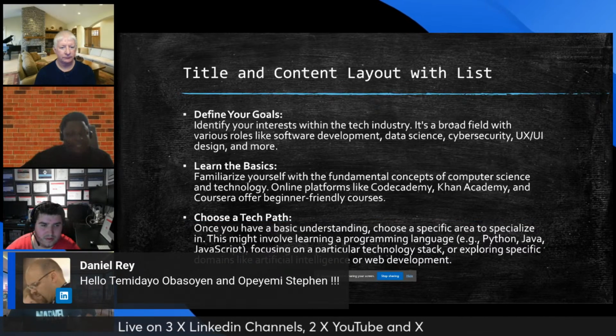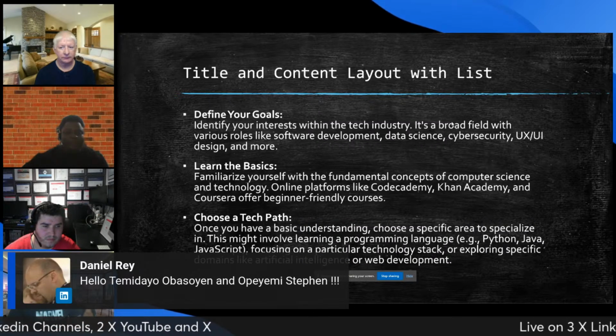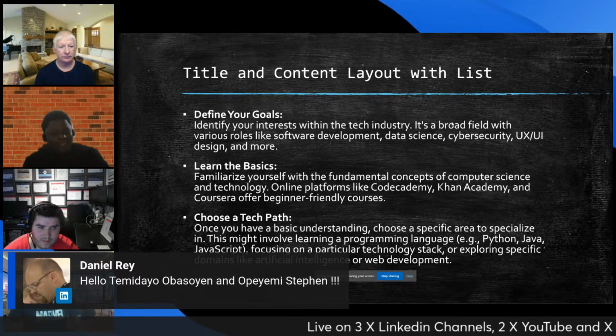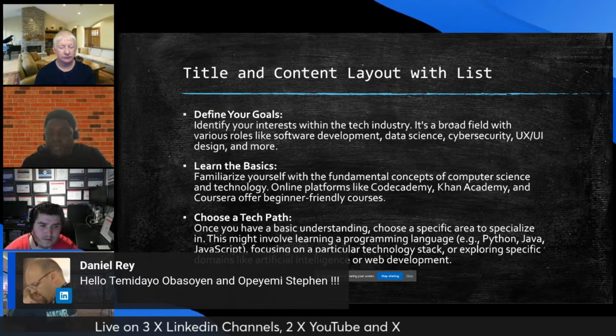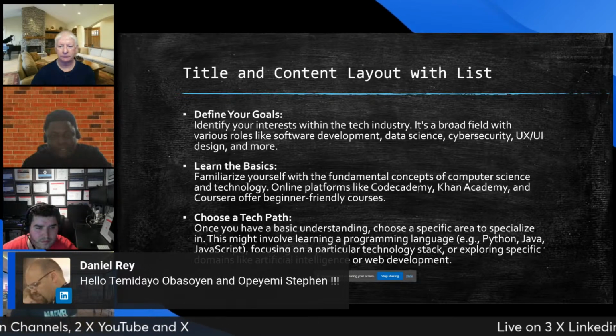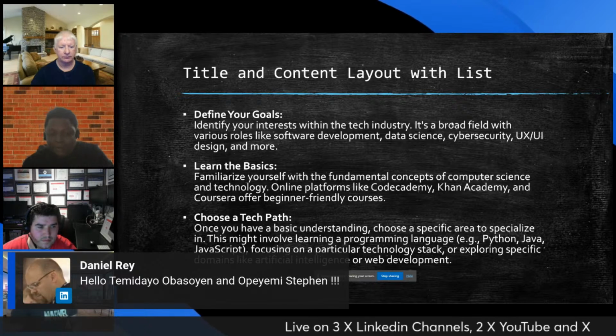What I did here is define your goals, learn the basics, and choose a tech path. I'll read what it's all about and then talk about it. Identify your interest within the tech industry. It's a broad field with various roles like software management, data science, cybersecurity, UI/UX design, and more.